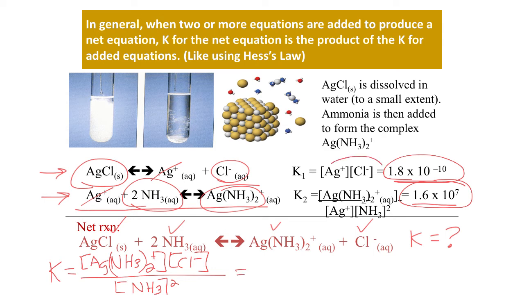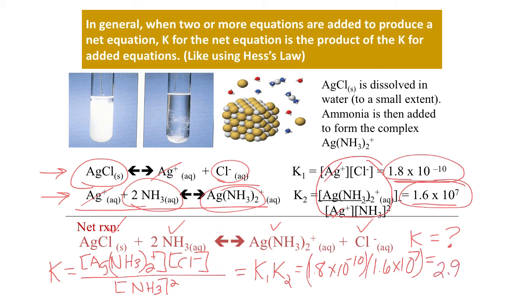If you look at these 2 examples, you are just multiplying them. The Ag+ again would cancel out. So what we do is we just do K1 times K2. So we just take the 1.8 times 10 to the negative 10th and multiply by 1.6 times 10 to the 7th. And that gives us a value, once we plug that into our calculator, of 2.9 times 10 to the negative third.